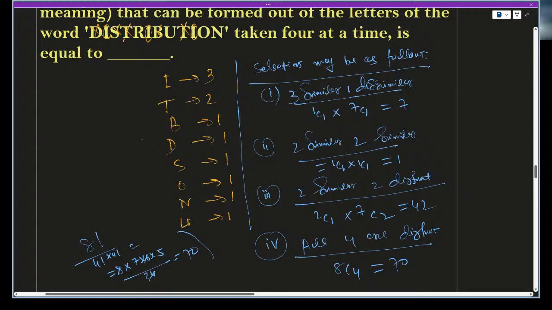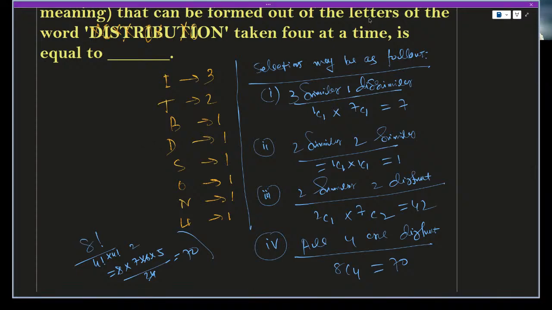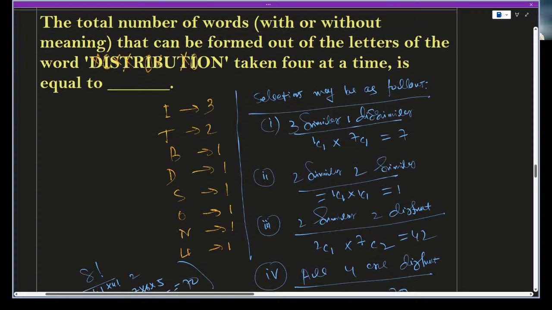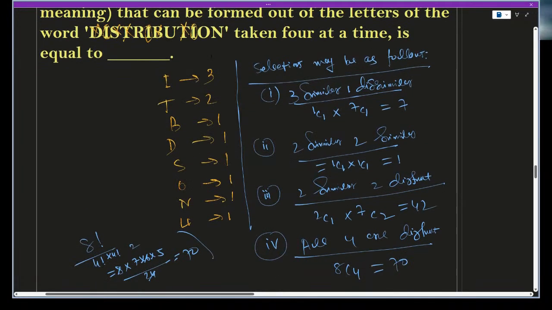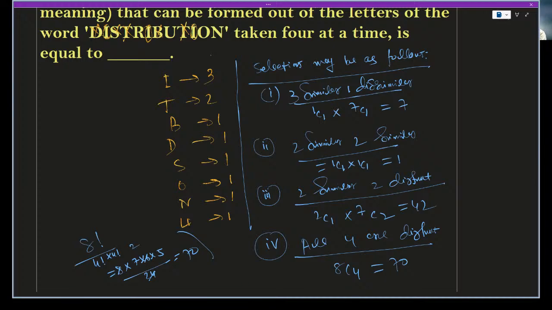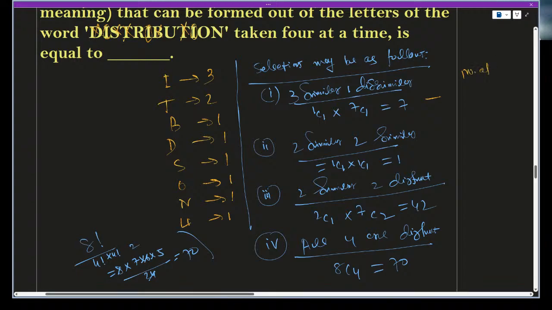Done. But they have asked you to find the number of words that can be formed. So how many words will be there? This is selection, no? You have to arrange all those. So I am writing number of arrangements.